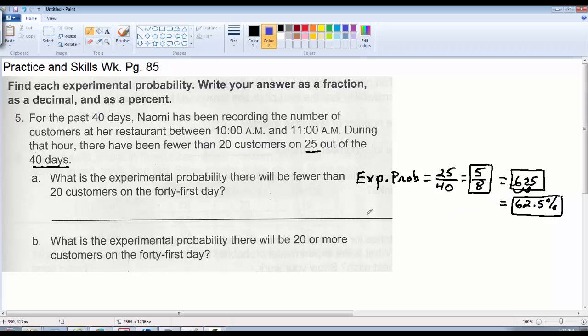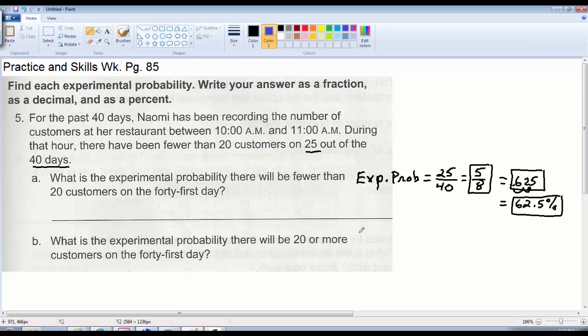Now part B says, what is the experimental probability there will be 20 or more customers on the 41st day? Okay, so all this information that we have here is having fewer than 20.